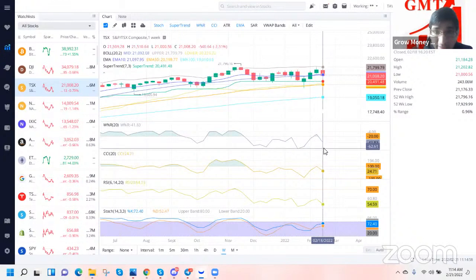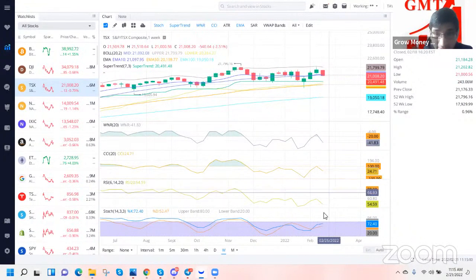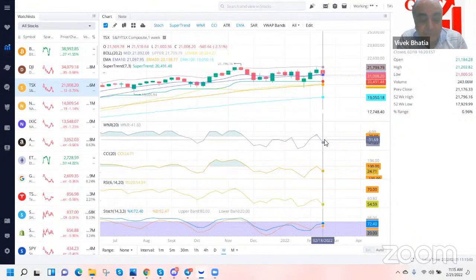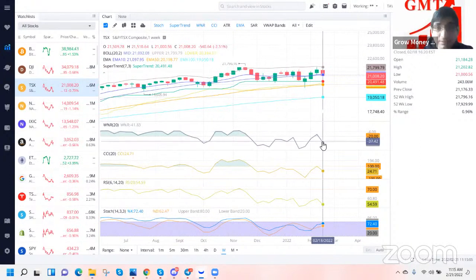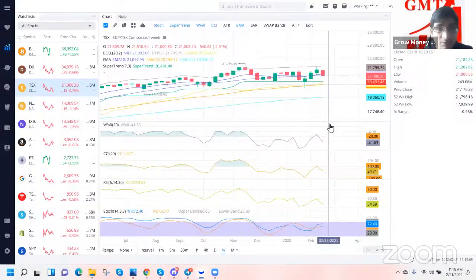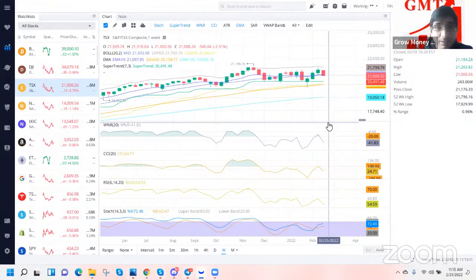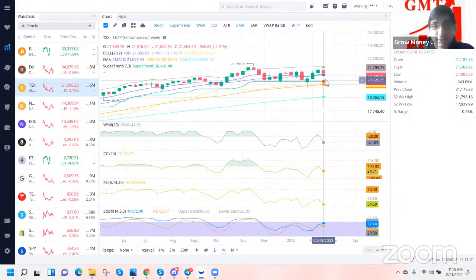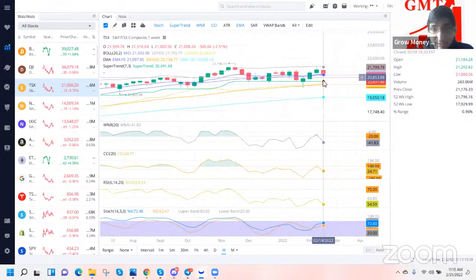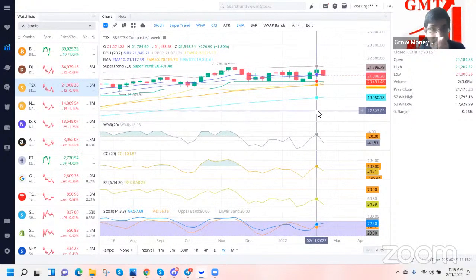The indicators are downward. So in the coming week, at least on TSX, you can expect that the stocks are going to drop further. At least the large cap stocks, the major stocks, if you are holding, you could either exit positions or take your call based on the downward trend.